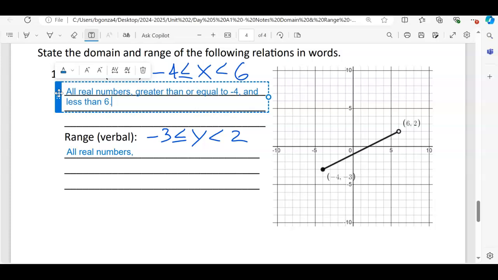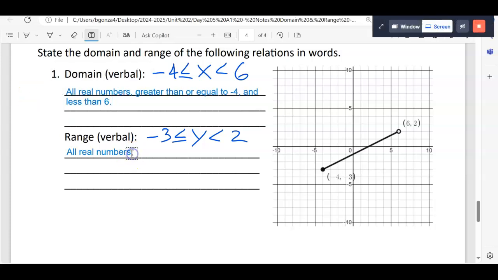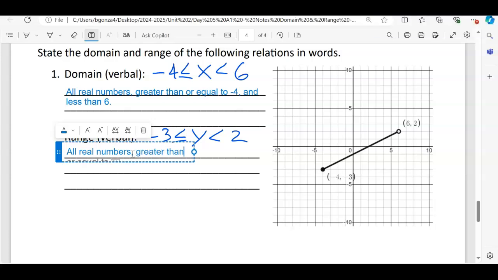On the range, all real numbers, what do I have to write next? Just like last time, greater than. Now you can kind of barely see it, but this is underlined, so it's going to be greater than or equal to. What number's on the left? -3.